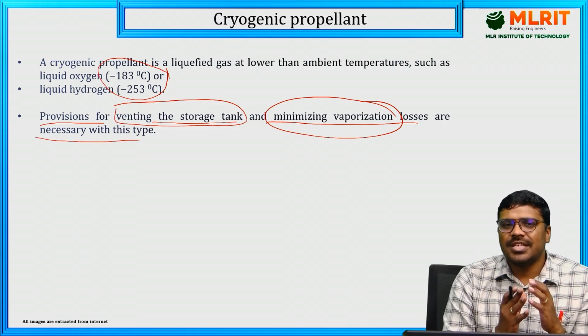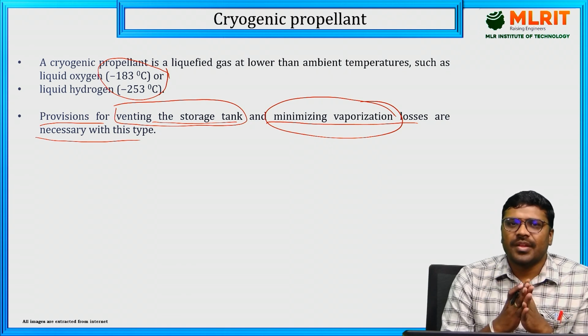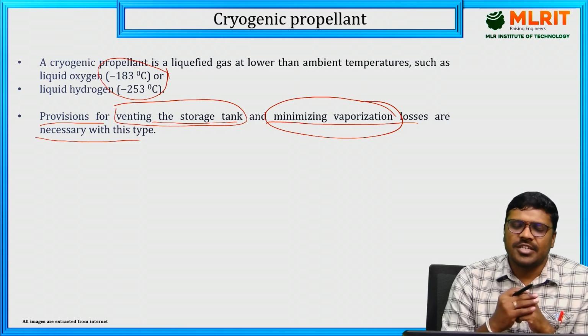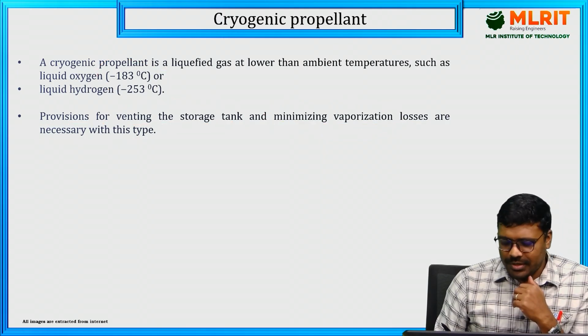If it does, the tank will fail and lead to a big explosion. So we have to take care of these things in cryogenic propellants.